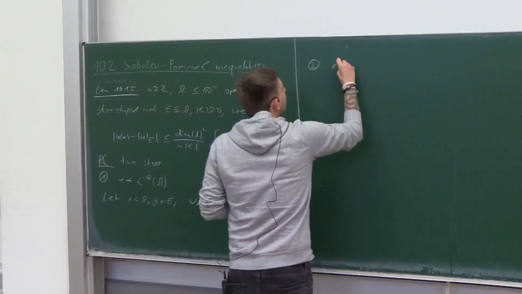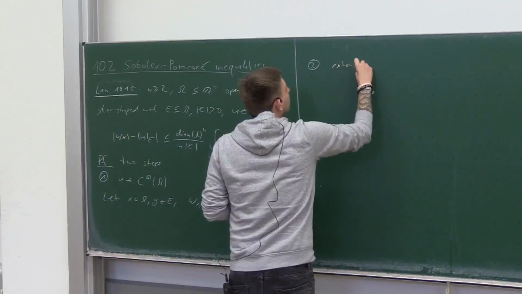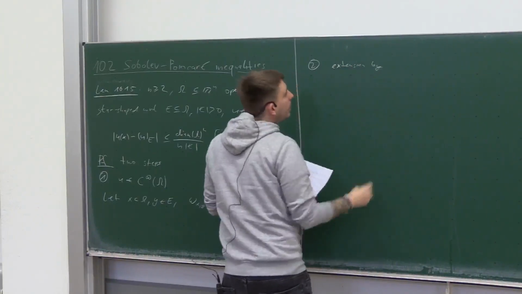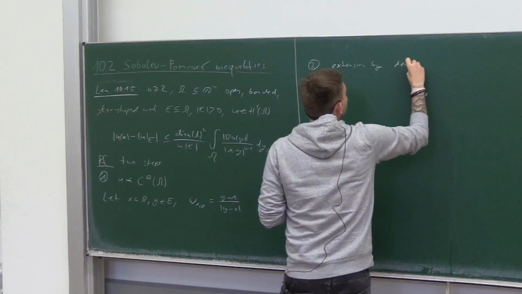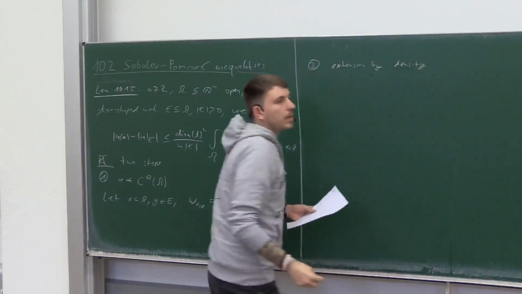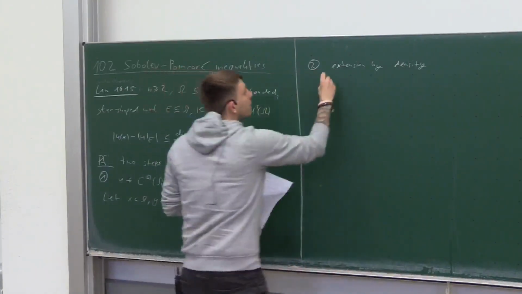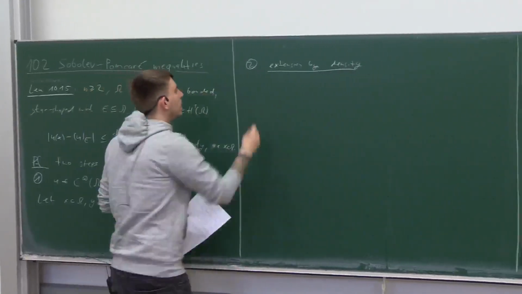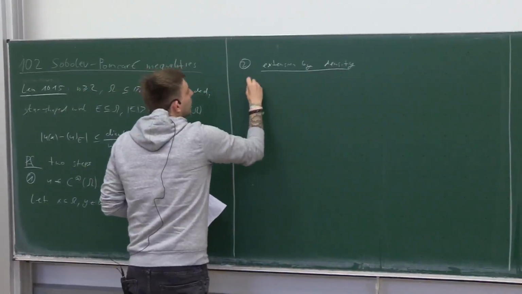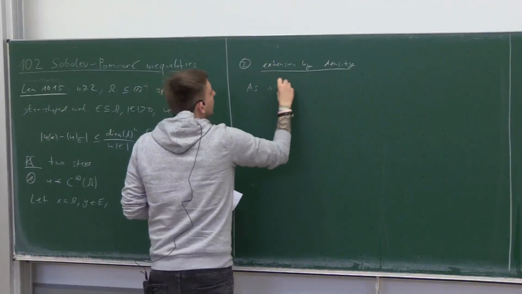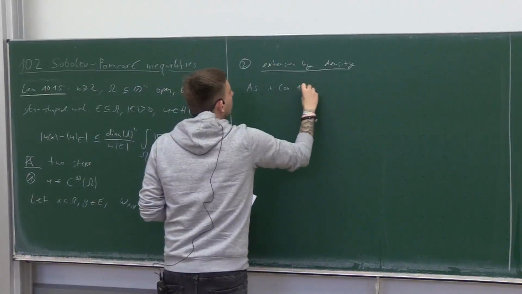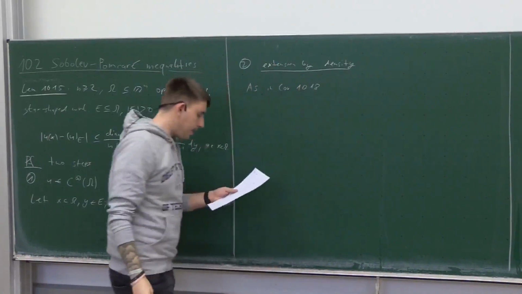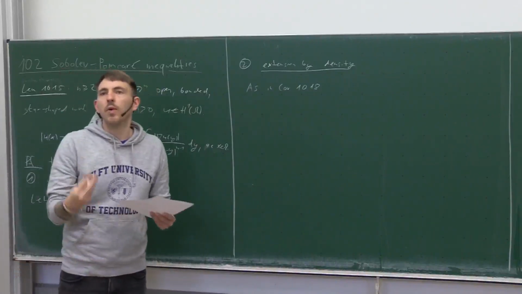So I want to do an extension by density. Yes, and this is essentially an argument we know from last lecture. So it's as in Corollary 10.18. How did it work there?